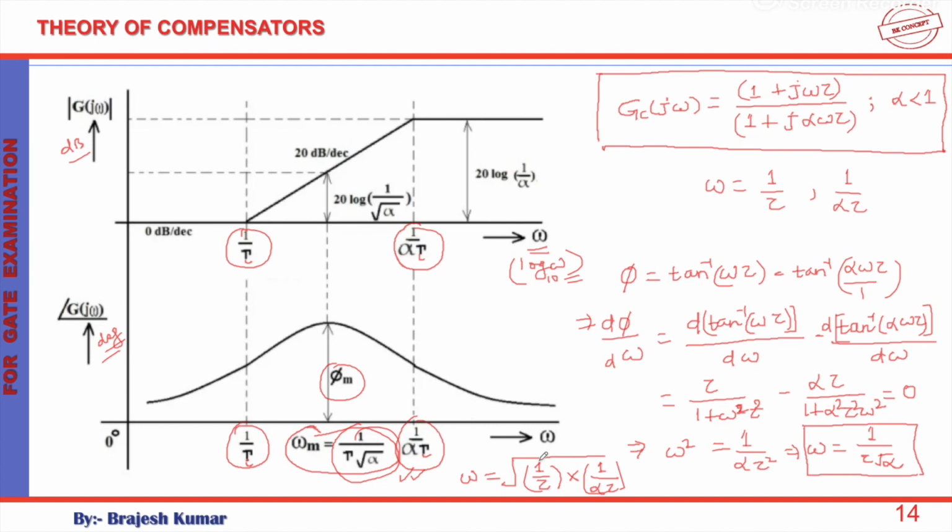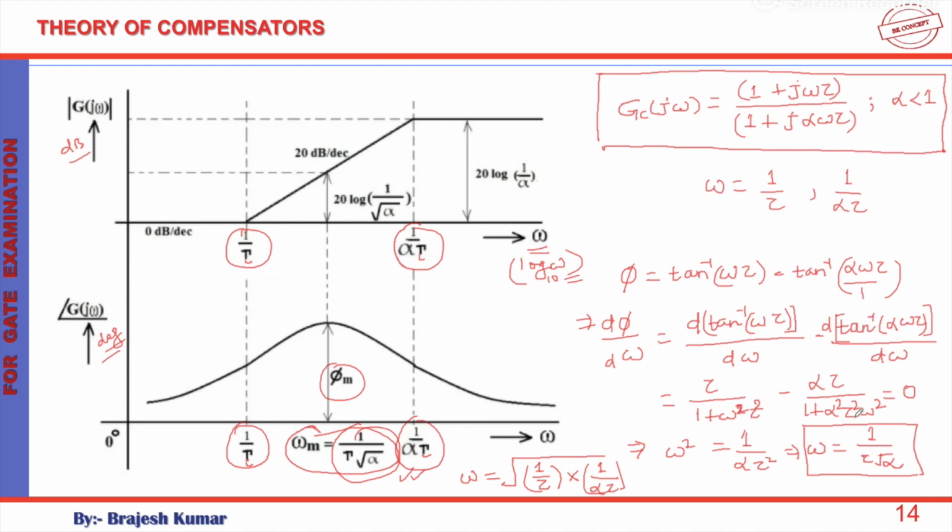So without performing this whole derivation for minima and maxima, if you are able to find the corner frequency, and you can very easily find it with the help of the given transfer function of a lead network, you will be directly able to find this omega m, because you can remember this omega max as the geometrical mean of these two corner frequencies, right?